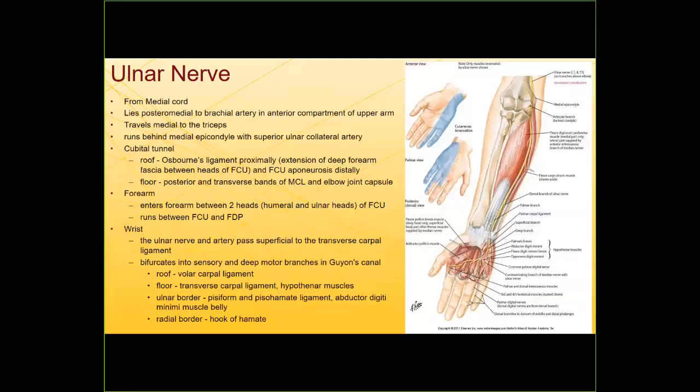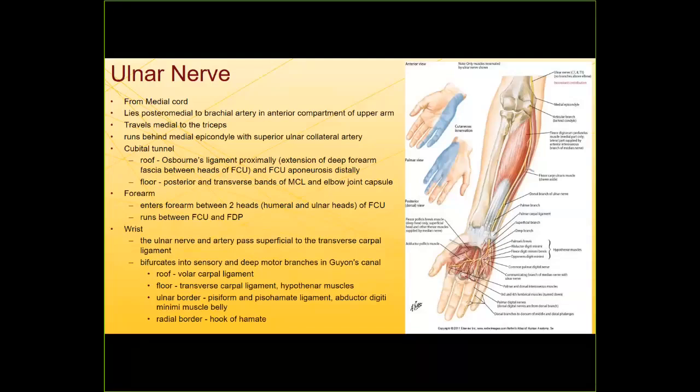Okay, and the cubital tunnel's roof is a ligament, and it's also formed on the medial and lateral sides by the two heads of the flexor carpi ulnaris, and also by the elbow joint capsule. But anyways, the nerve travels through this little canal, right? Our funny bone nerve.